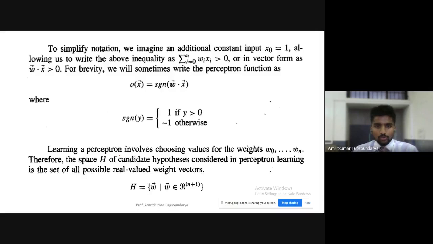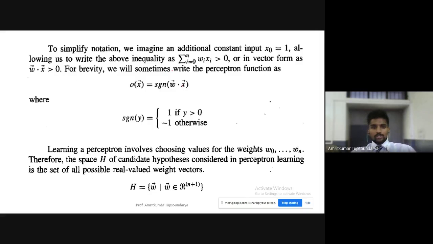This threshold can be represented in multiple ways. There are different ways we can represent it. A simple representation is a simple summation of the weight values and the pixel values, which is nothing but Wi and Xi.